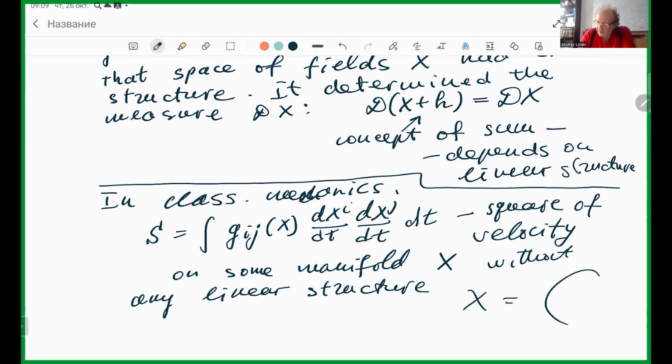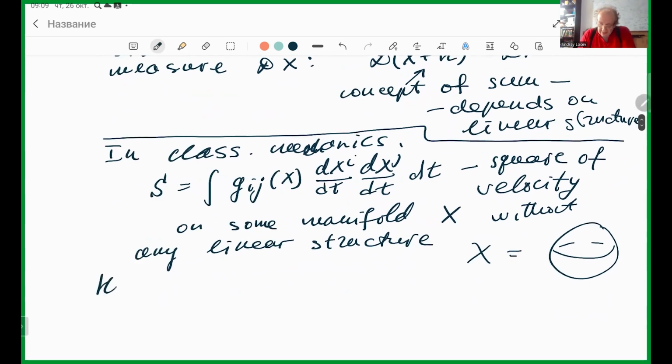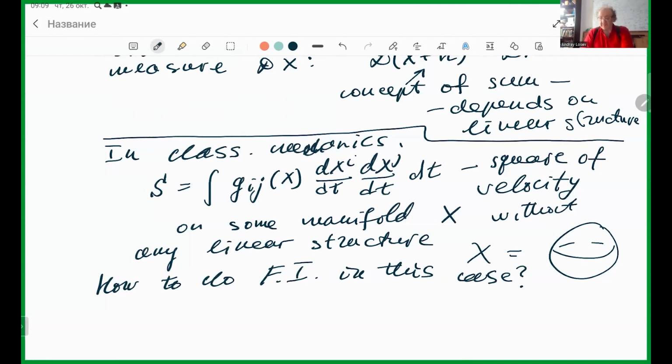So X could be something like a sphere, or something even more complicated. How to do functional integral in this case? And in similar cases.